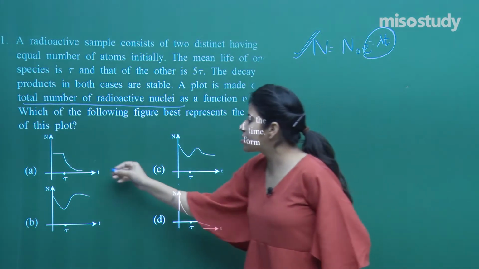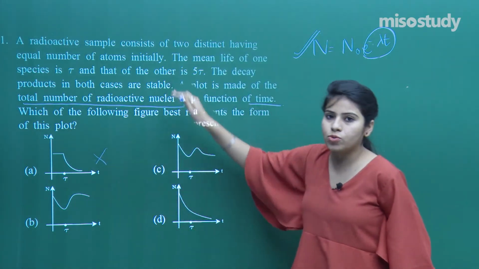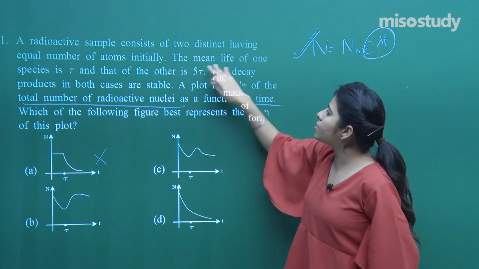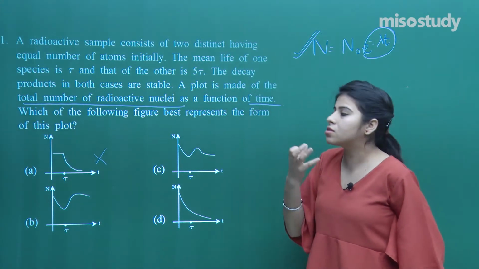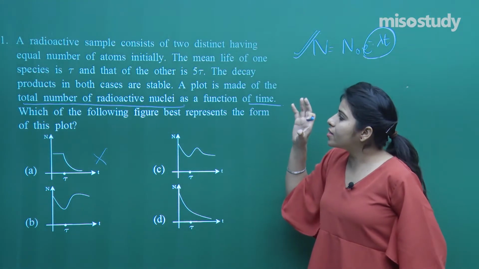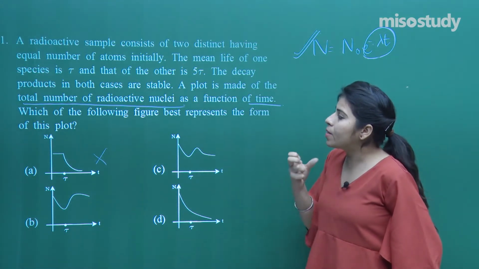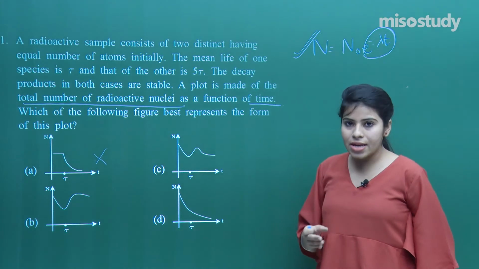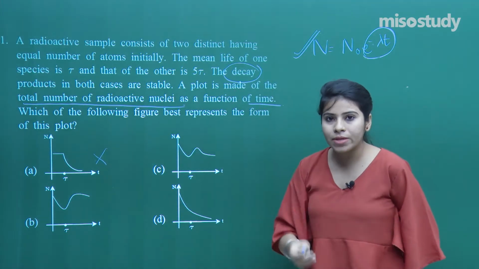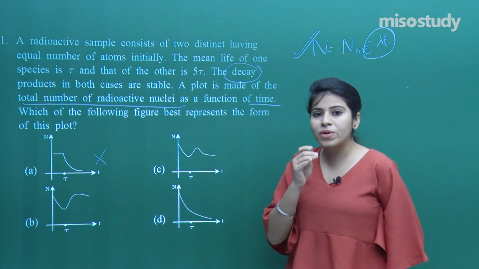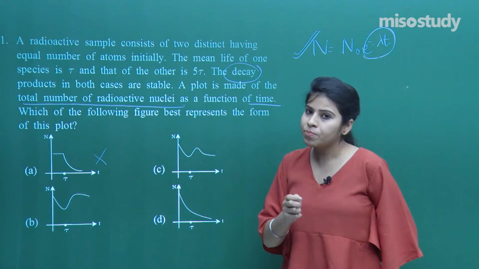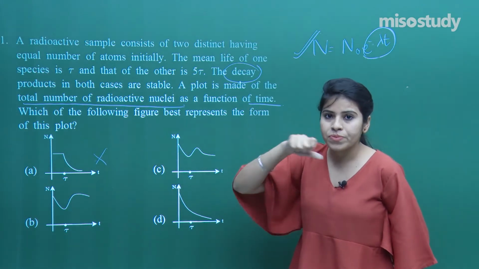This cannot be the case in this situation, because in the question we are given that the mean life of one species is tau and that of the other is 5 tau, and the decay products in both cases are stable. If you are talking about decay products, that means the radioactive species is definitely going to decay.